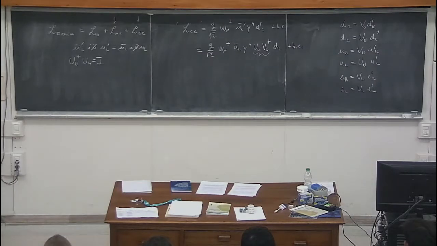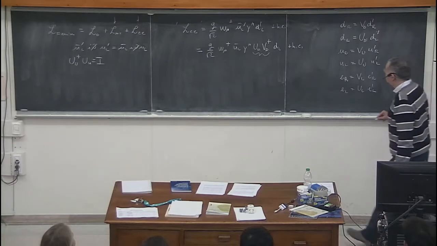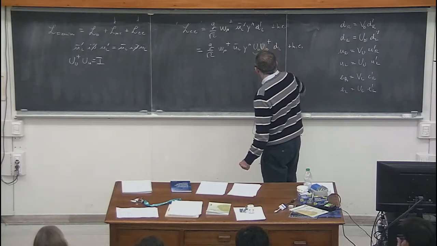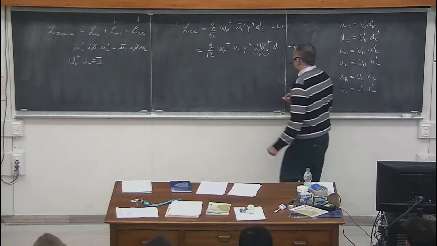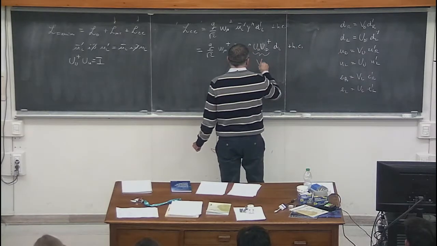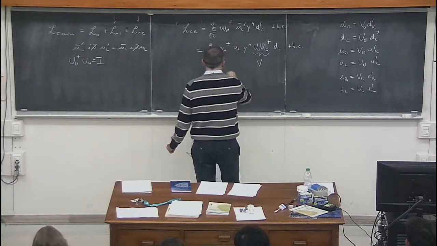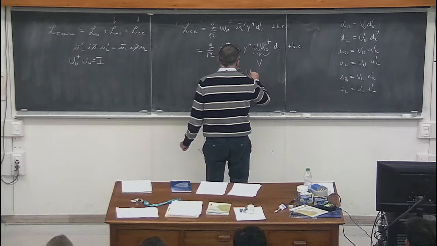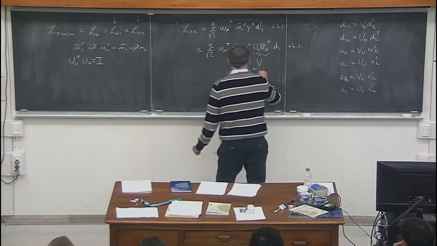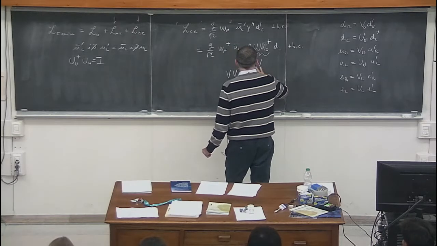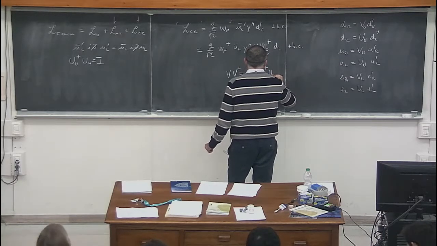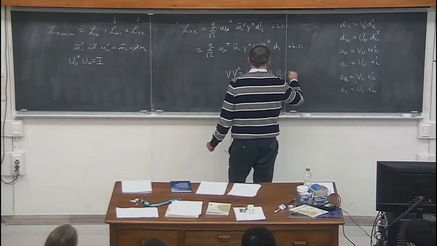Sorry? U_U U_D dagger, thank you. This matrix I call V, and V dagger V is U_D U_U dagger U_U U_D dagger, which is 1.